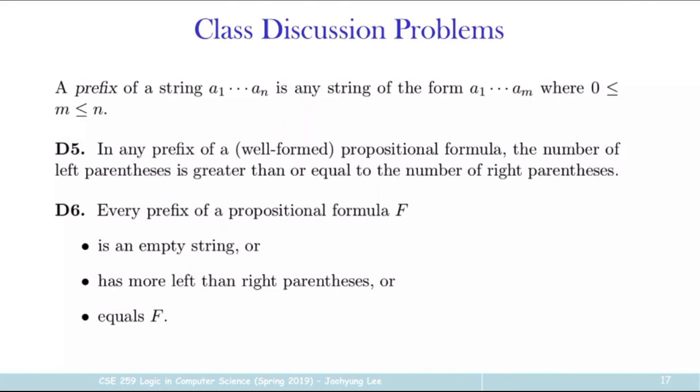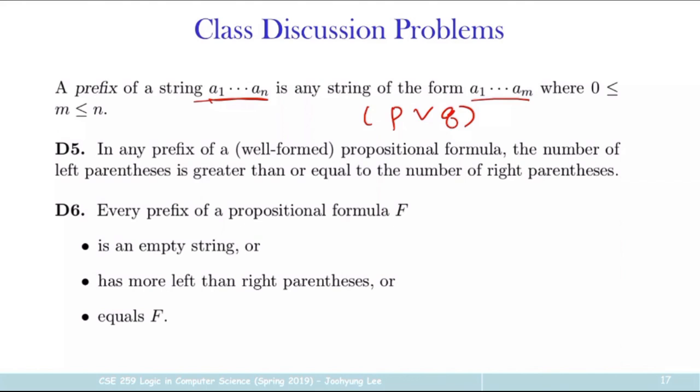So prefix here simply means any prefix of the string. Okay, the mathematical definition is, you have the string a1 through an, where each ai represents an alphabet symbol. We are taking any smaller initial characters.